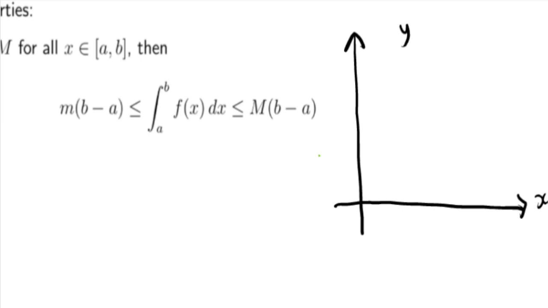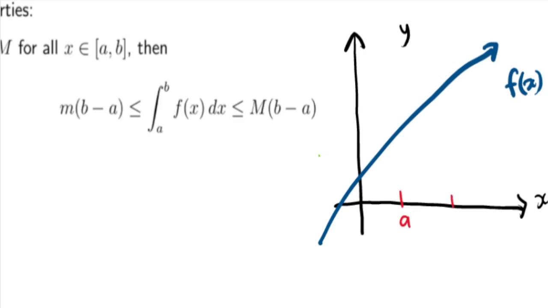So for instance, we have a function f. Then this is our AB. Then, let's say we have small m here, and capital M here.